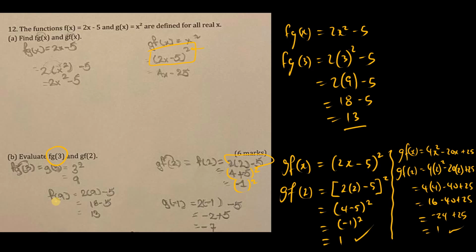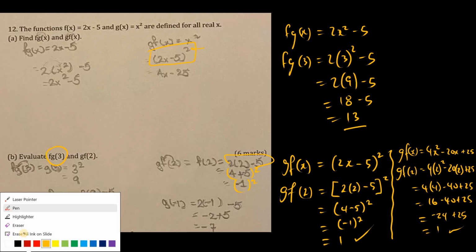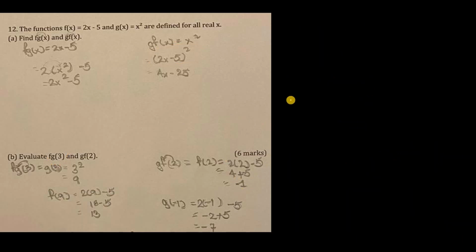Now it seems as if there might have been more, because I see you also have f of, oh, I see what you did. You actually did them in parts, like finding f of 2 first and then substituting it in. That's also possible, so we could look at that as well. Let's suppose we have f of g of 3. We know the f function is 2x minus 5, and the g function is x squared.